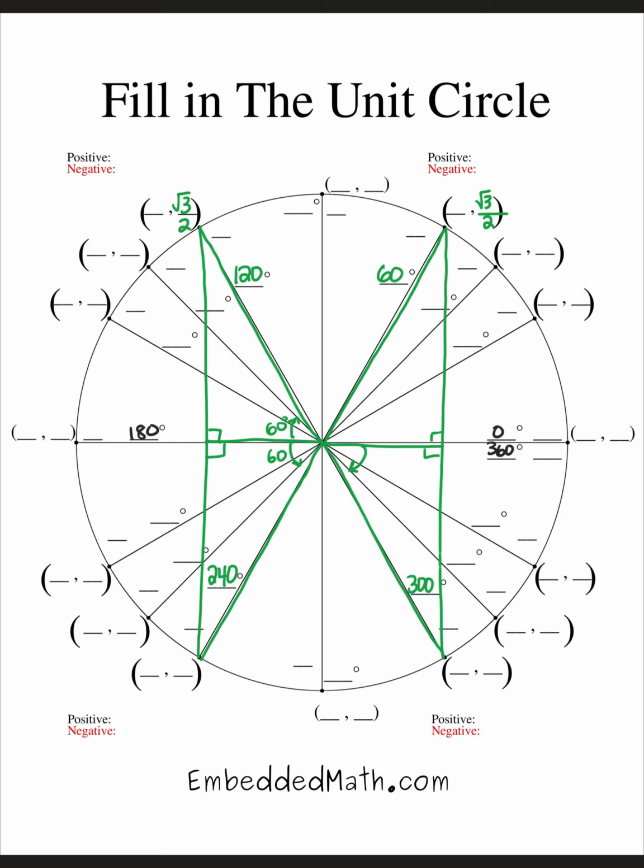And then when you're in quadrants 3 and 4, it's going to be negative. And then your x-coordinate is how far you move right or left. If we move to the right, that's positive, so that will be 1/2. And then to the left would be negative 1/2.